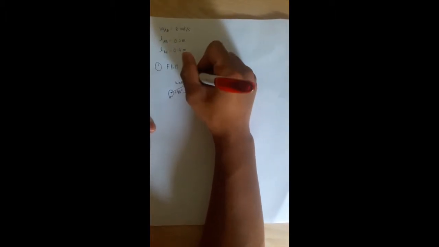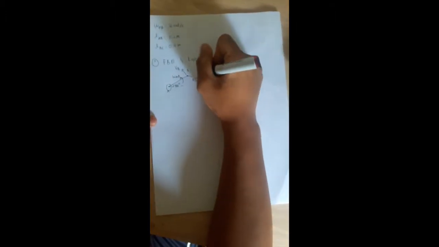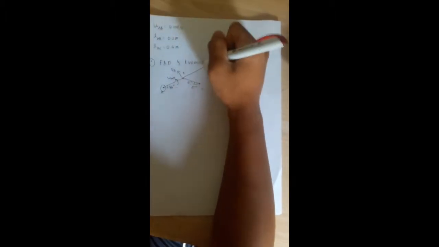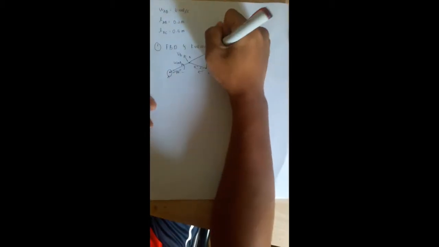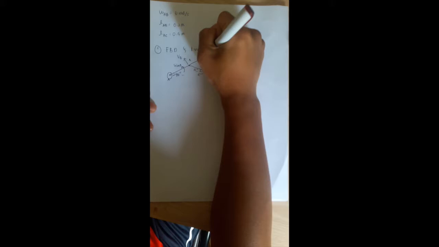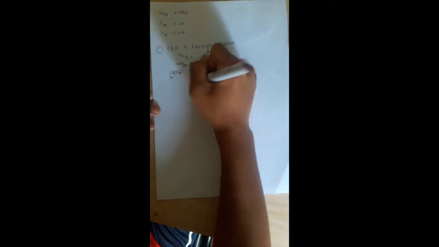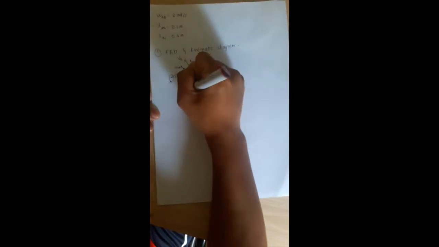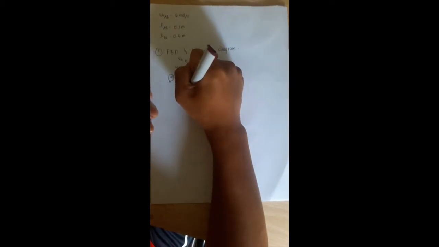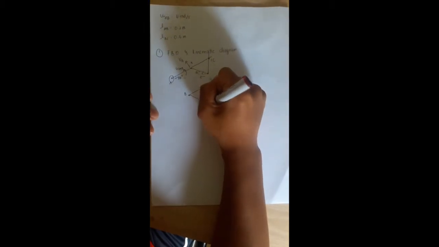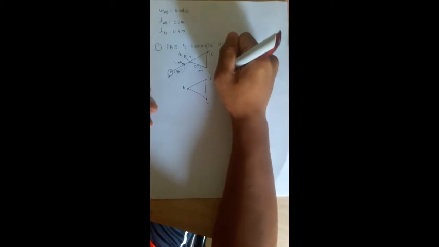Note that VB is perpendicular to link AB. Therefore, we can see that the IC is located along the extension of the link AB. So, we have answered question A.